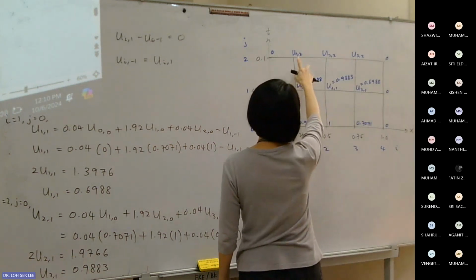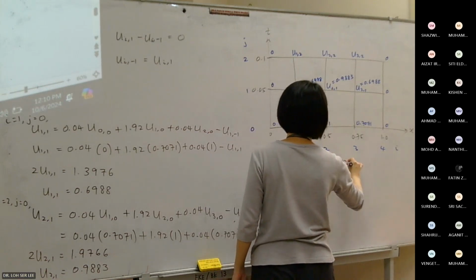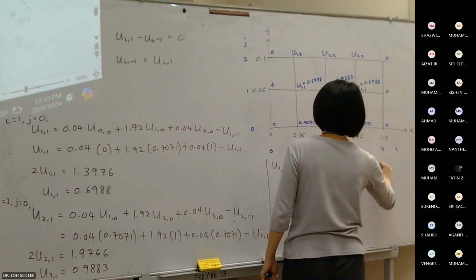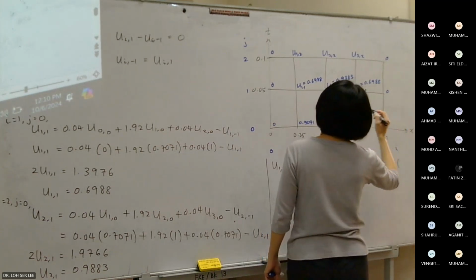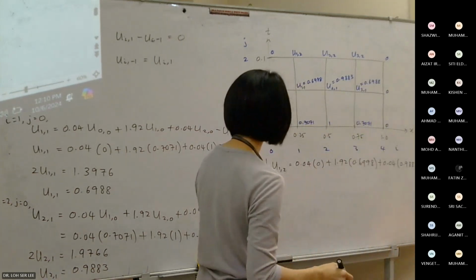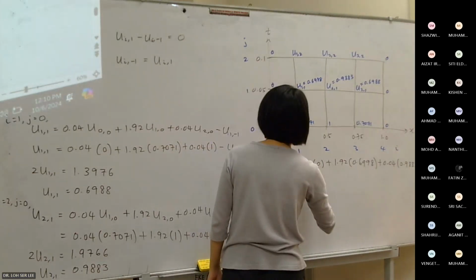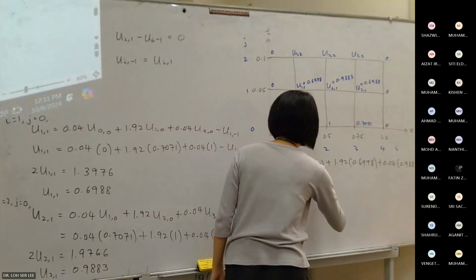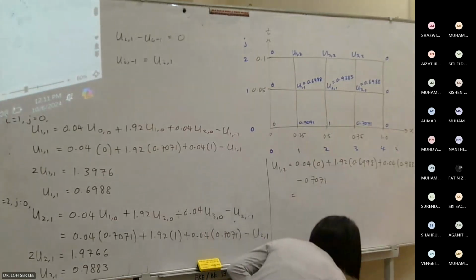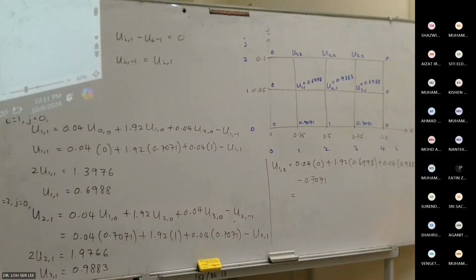Zero, 1, 0, 4. Find it. 1, 2, 3, 4. Then minus the. The value is 0.6741.